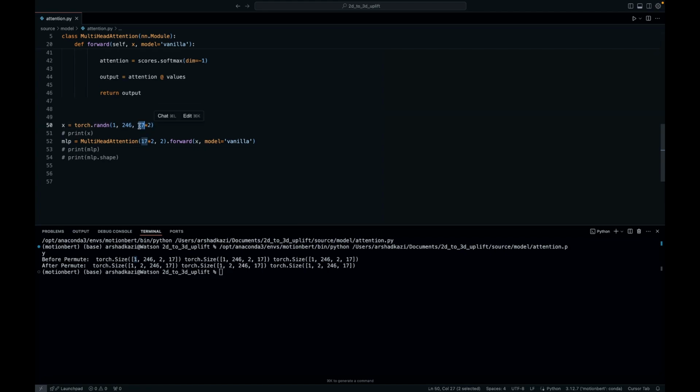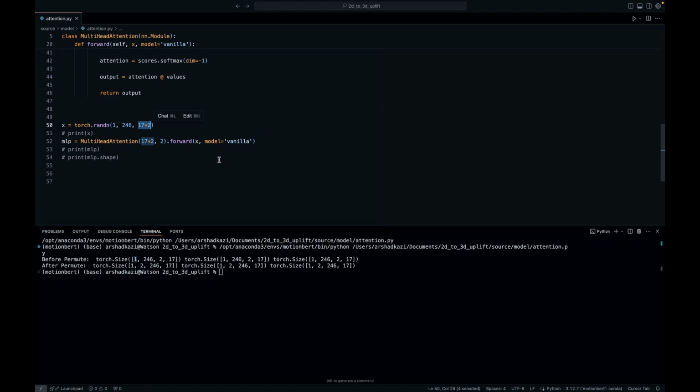17 is the number of key points that we are tracking inside the human body, and then we will be combining it with multiple frames. Let's say we are contextualizing multiple frames at the same time for 17 key points. So let's say we have two frames and 17 key points, so 17 by 2 would be our contextual information.